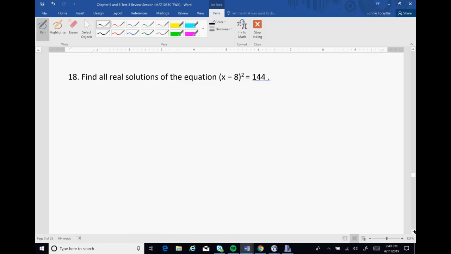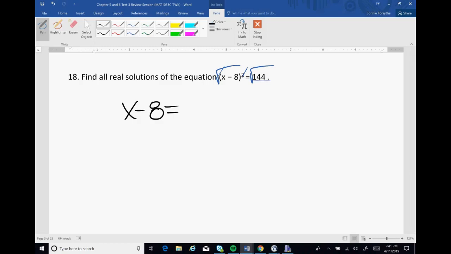Next, let's solve using the square root method. So we want to get rid of this square, so we're going to start by taking the square root on both sides. So on the left, the square root and the square will cancel, and I'll have x minus 8 equals, now I'm solving an equation and I'm taking the square root to solve for x.